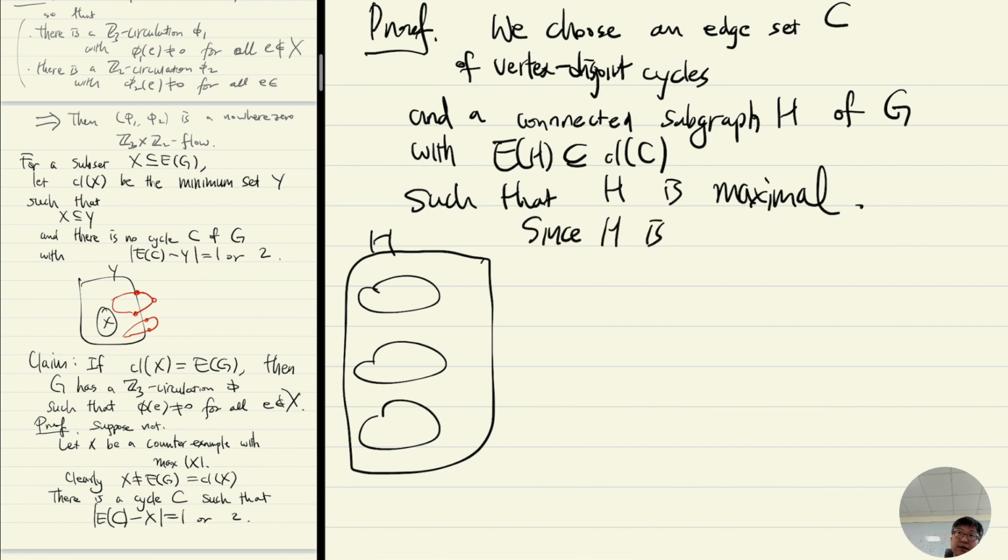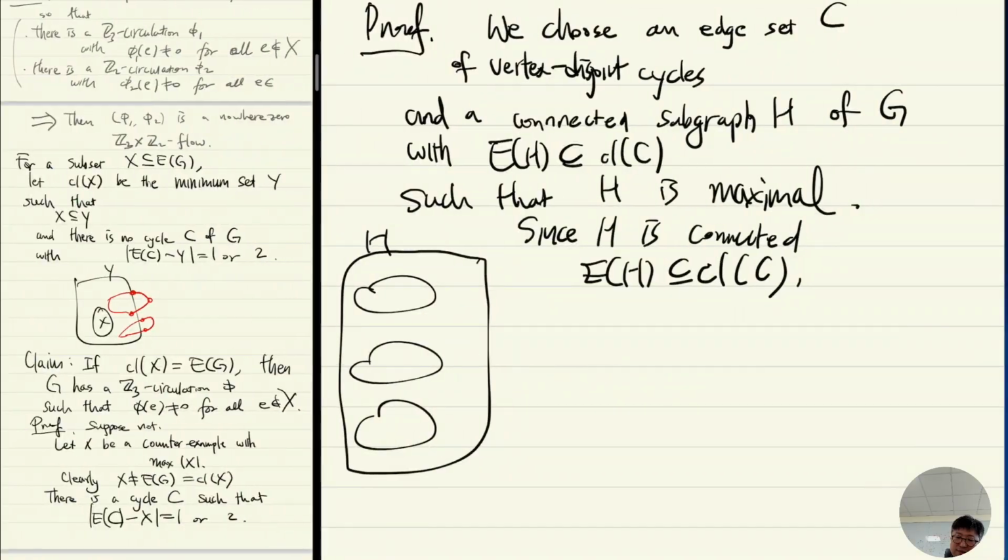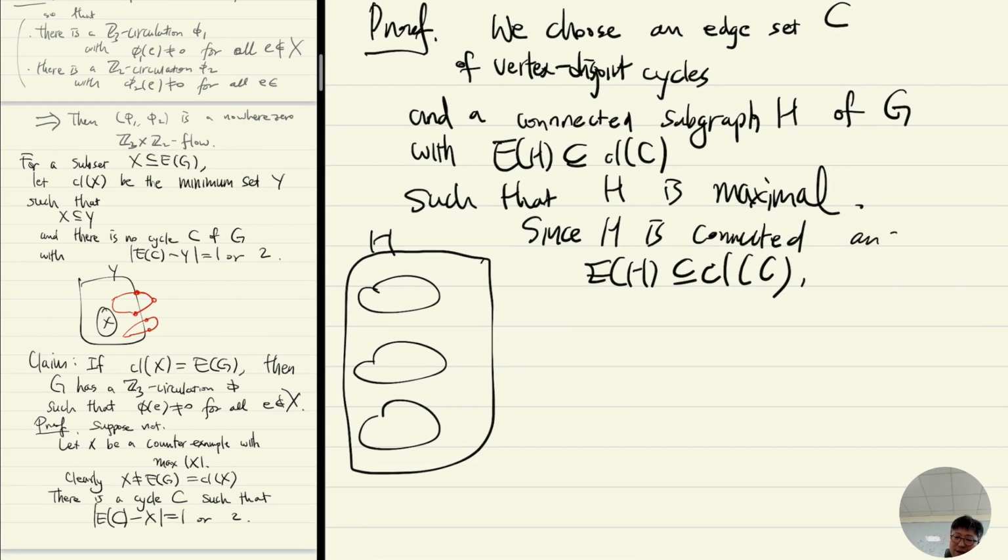Since H is connected and E of H is in the closure of C, we deduce that H is an induced subgraph of G.